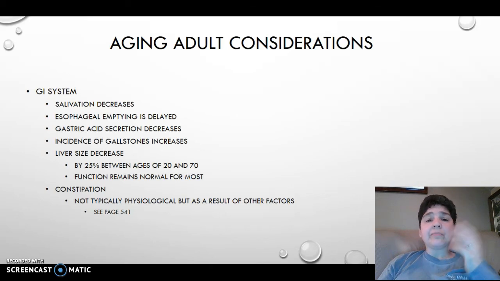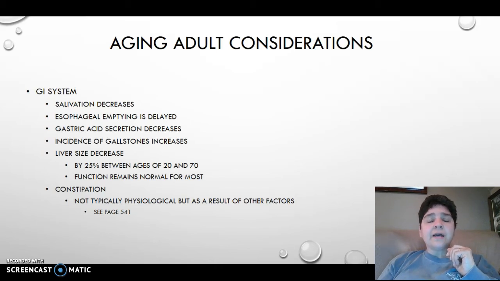When your body is metabolizing and breaking that down, it's going through the liver. So if you think about function being decreased and size being decreased, and you think about the amount of medications that a lot of aging adults have to take, you can imagine how having that decreased liver size could affect the way that their body is able to metabolize those medications. So we do see a lot of problems with that.